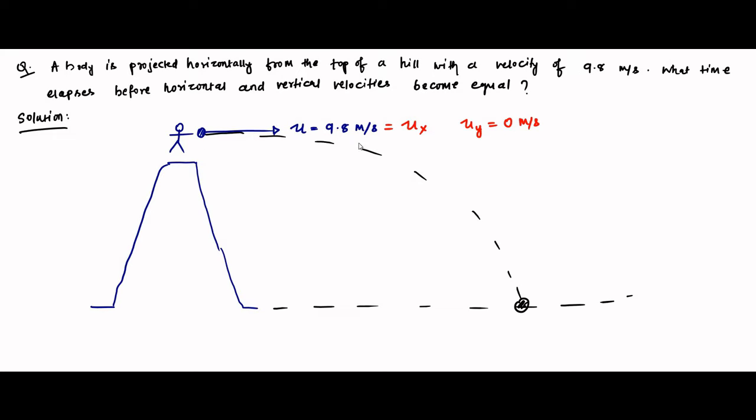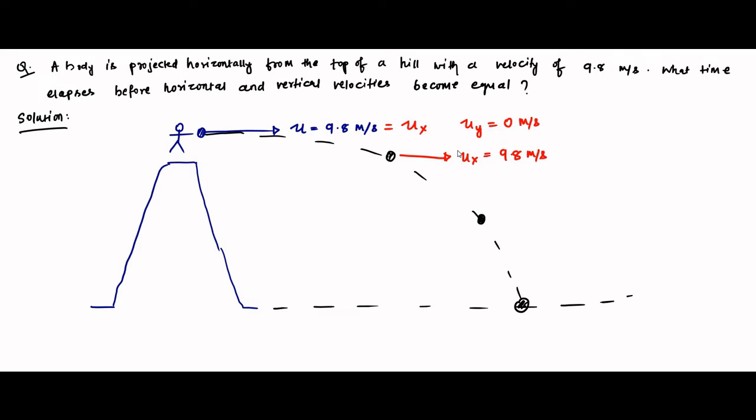Now, during the course of the motion of this object at different points, let's say this point, this point, this point, the horizontal component will always be constant. Why? Because there is no acceleration or retardation component along the horizontal direction.